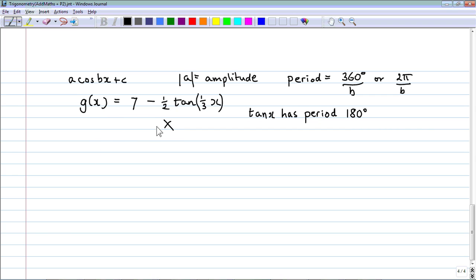But let's suppose we were asked to draw the graph of g(x) for x from 0 to 2 pi radians. So let's draw a graph of that.